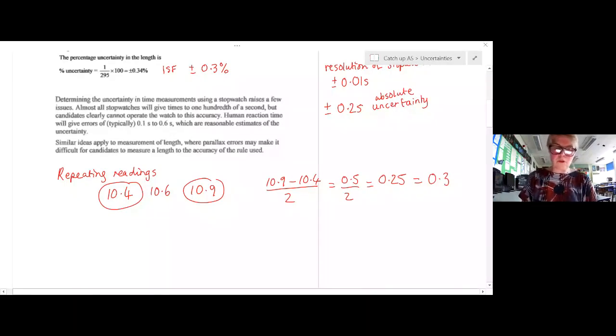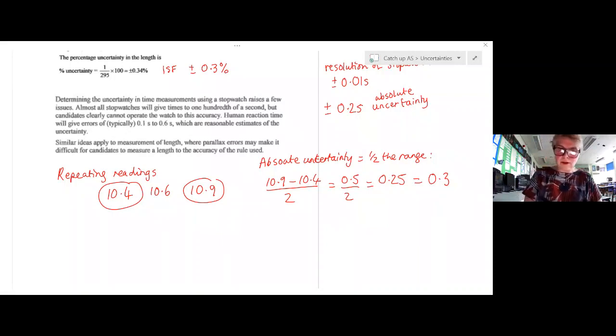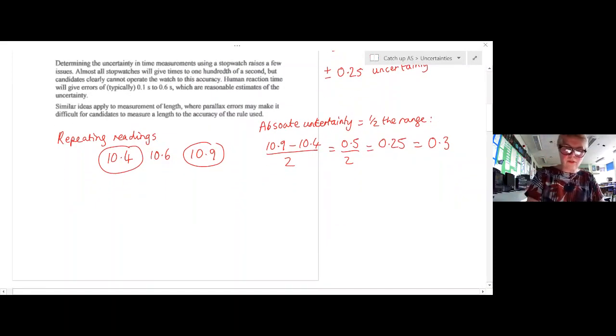Now, if you wanted your percentages, so this would be your absolute uncertainty. So the absolute uncertainty in repeated readings is equal to half the range. So you just have to see whether there are repeated readings there, or whether you're expected to take repeated readings. Okay, and then from that, take the absolute uncertainty to get the percentage uncertainty. So you'd have to get the mean.